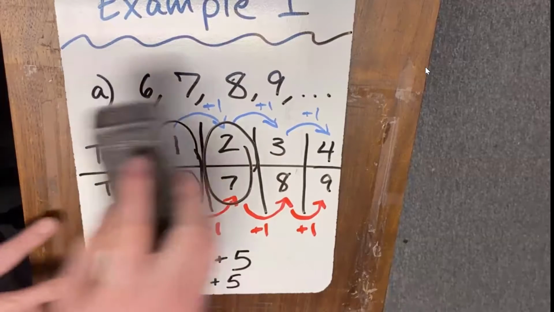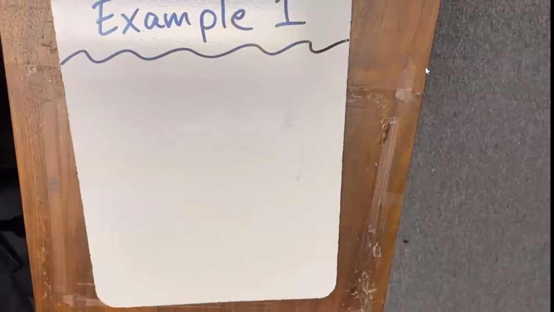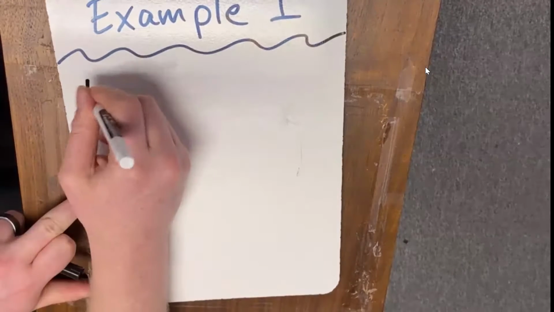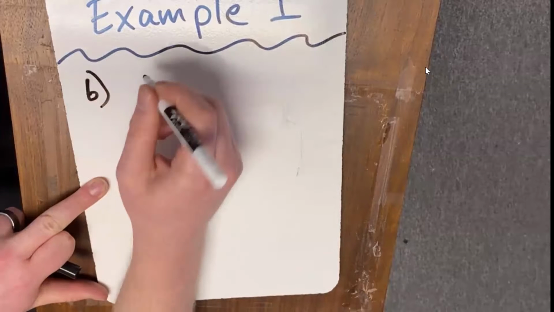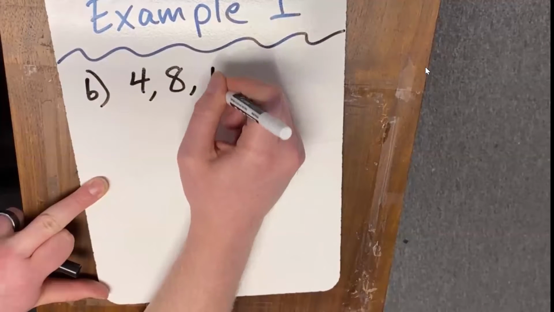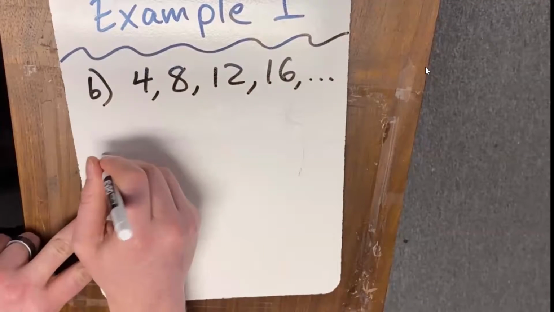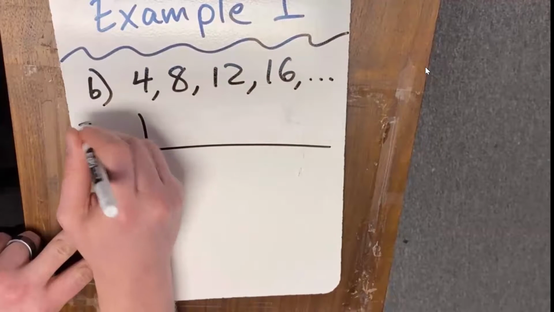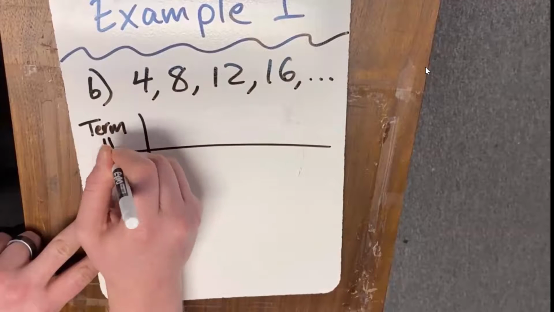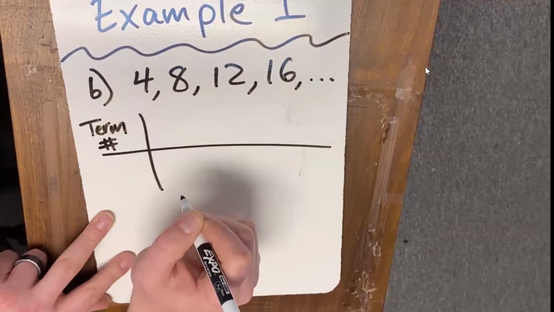Let's try letter B. Letter B is a little different in that it is working with multiplication. We have 4, 8, 12, 16, and so on. I draw my same little chart. I have my term number, also known as n, as in Nike.